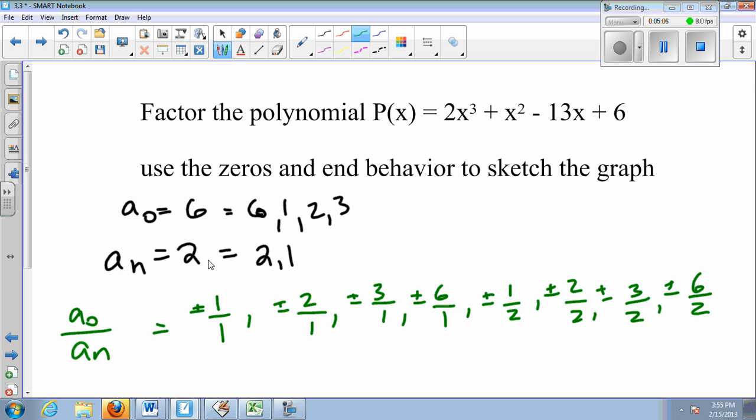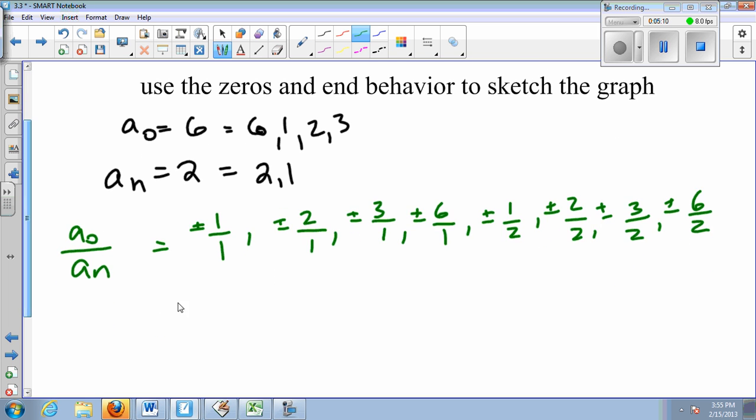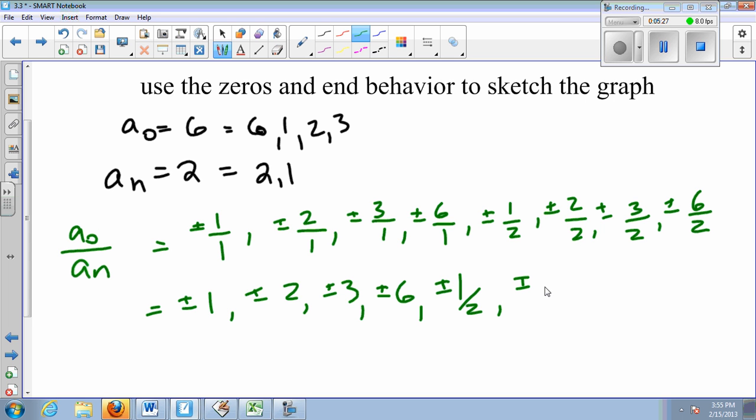And you'll see that simplifying some of these fractions will eliminate repeats. So we get plus or minus 1, plus or minus 2, plus or minus 3, plus or minus 6, plus or minus 1/2, and plus or minus 3/2. Okay, so now we check these possible zeros. This is a list of all possible zeros.